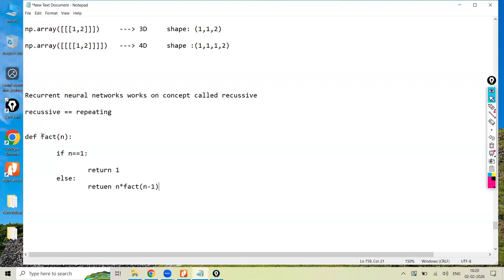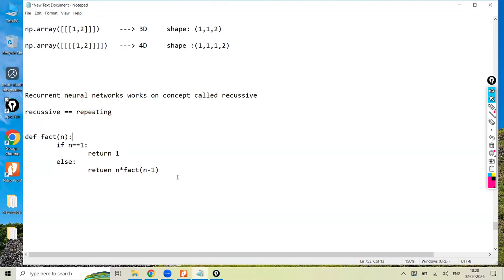So this function was created just now. Inside the same function, again I am using the same function one more time. This type of function is called a recursive function. Other than the factorial function, it is like Fourier transforms and Laplace transforms in maths. So these types of functions are called recursive.